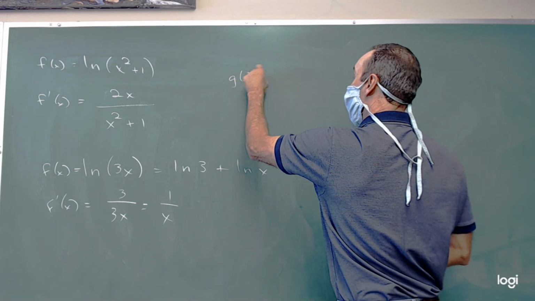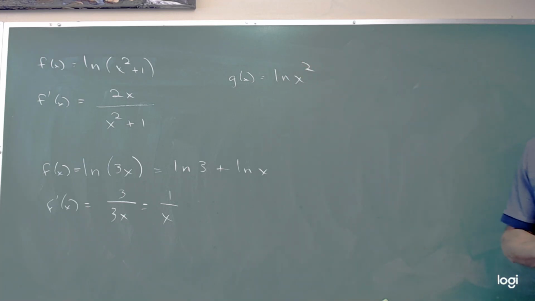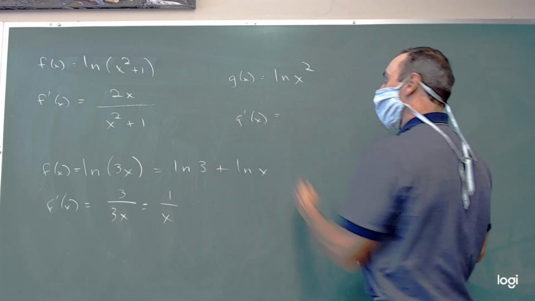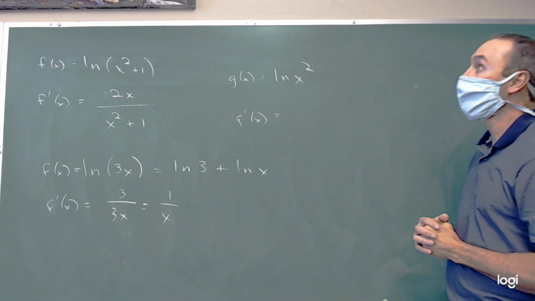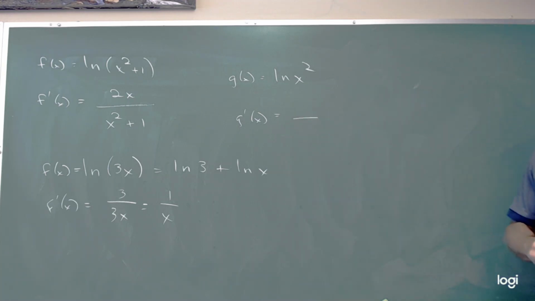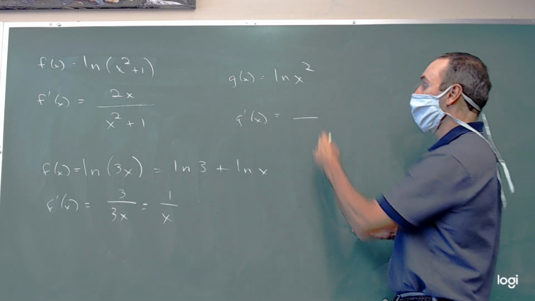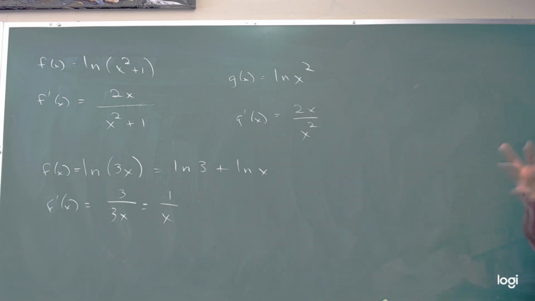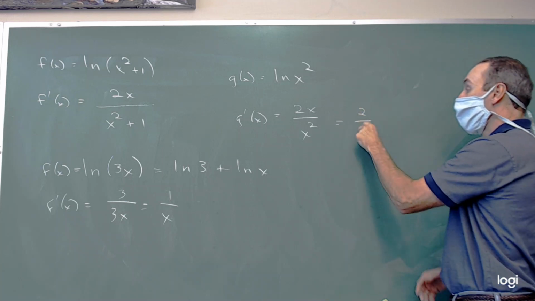Similarly, we take the natural log of x squared. Let's first do its derivative straight up, and then let's see how that's consistent with the properties of logarithms. So just treating that as 1 over u du, or du over u, we're going to get in the numerator 2x over x squared in the denominator. We okay? Simplify a little bit, we can cancel an x, and we're going to get 2 over x.